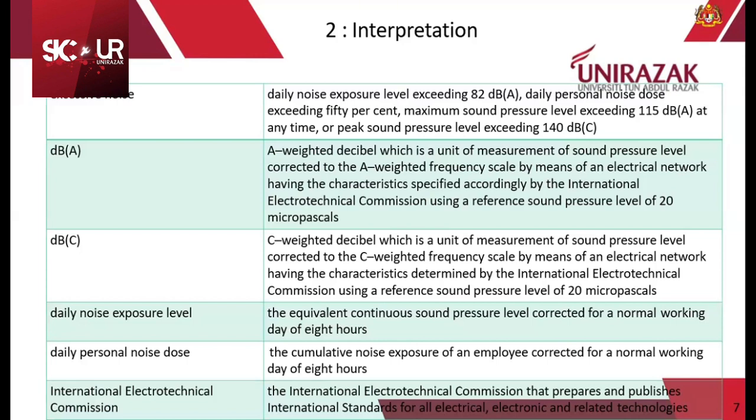So ni very specific lah. dBA, A weighted decibel, dBC, C weighted decibel which is a unit of measurement of the sound pressure level corrected to the C weighted frequency. So dia ada perbezaan di antara dBA dan juga dBC.